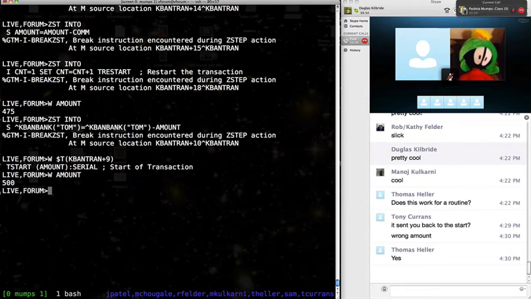So what just happened was we told GTM that in the transaction, it has to reset variables to their original values if the transaction restarts. And this is exactly what just happened here.